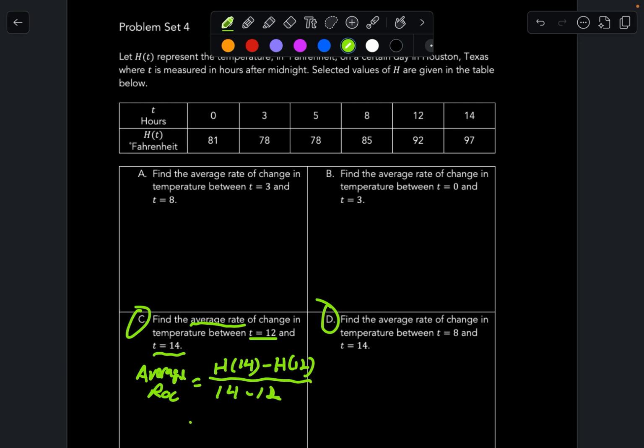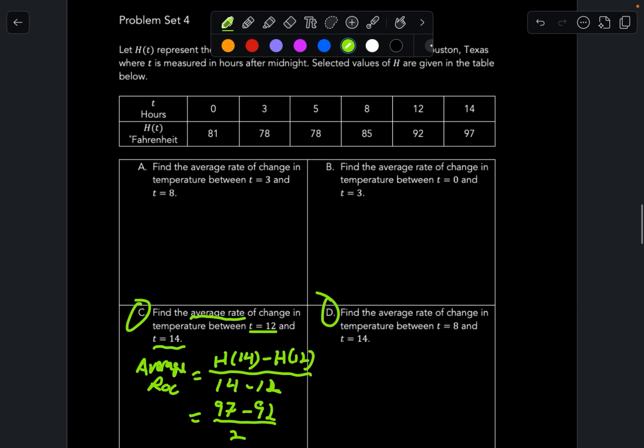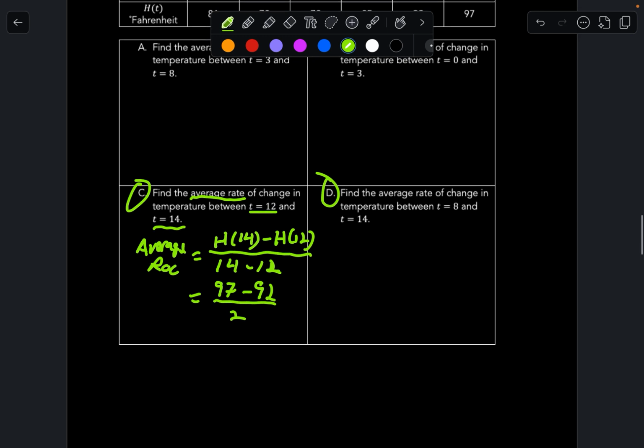We get H of 14 from the table. Sorry, it's 97. So we get 97 minus 92 all over 14 minus 12, which is 2. So 97 minus 92 is 5, and it's 5 halves, which is 2.5.